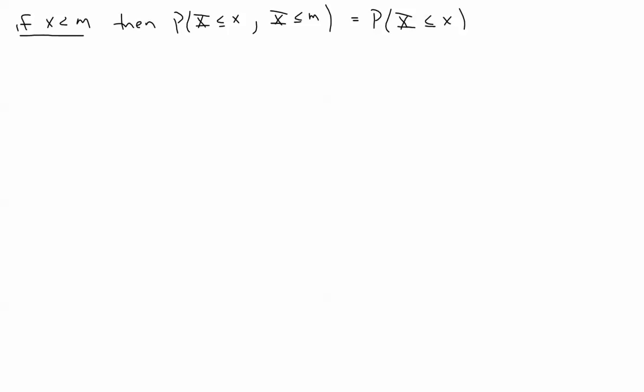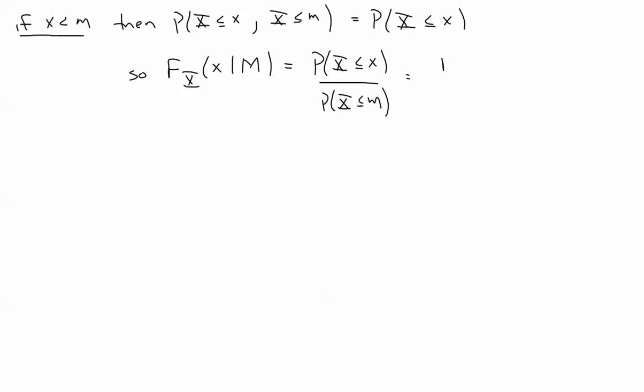I'm saying up front, x is less than little m, and at the same time I know X is less than m, so the probability that X is less than some value smaller than m, given that X is already less than m, is just the probability that capital X, the random variable, is less than or equal to x. And so we get that.